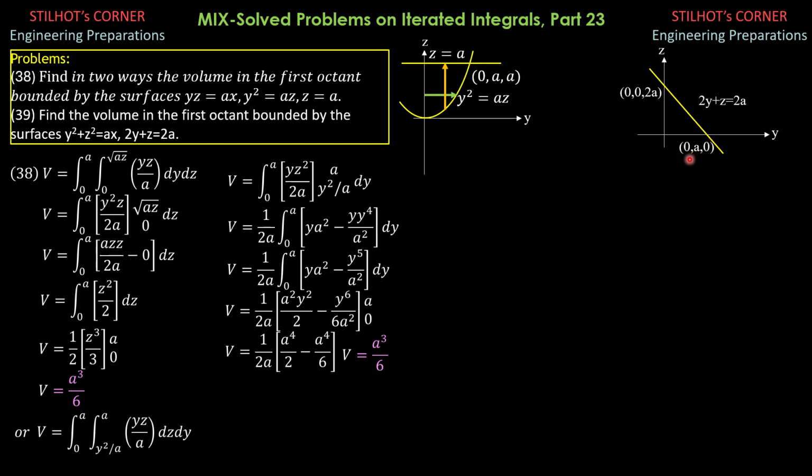So that's why x is 0 here, y is a, z is 0. Then here, x is 0, y is 0, so z is 2a.